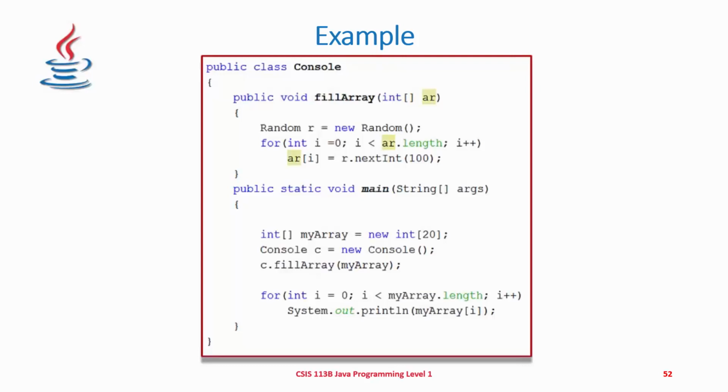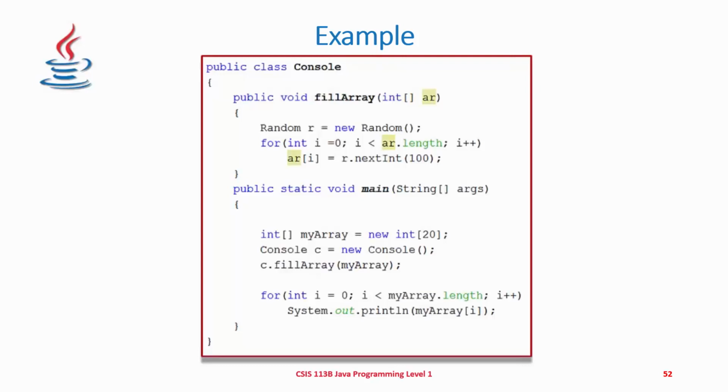Now, if we jump down to the main method, you'll see that we have this myArray, which is going to be a collection of integers, and it's going to be of size 20. Then we instantiate a new console, so our class is named console, and we're going to call it c, so that we can utilize our fillArray method here. So we just use c dot and then the name of the custom method and then pass to it myArray.